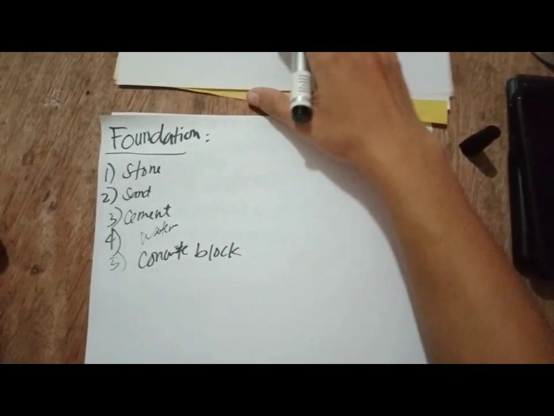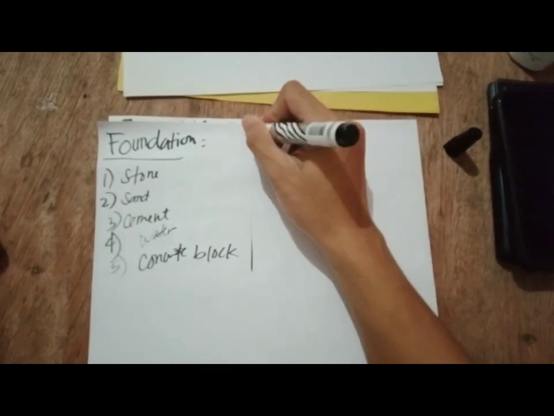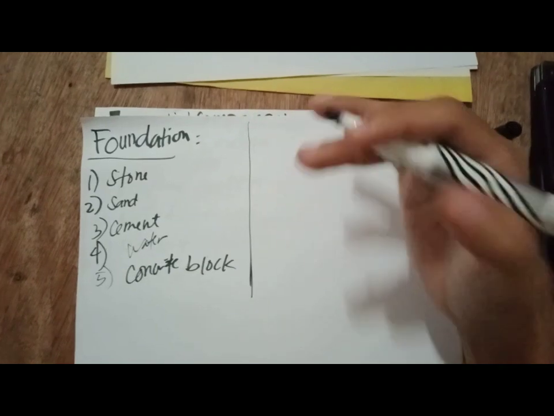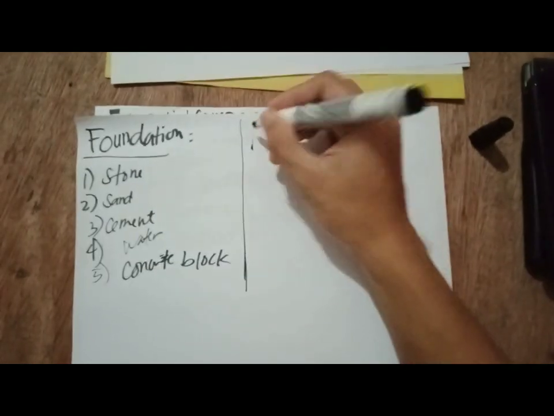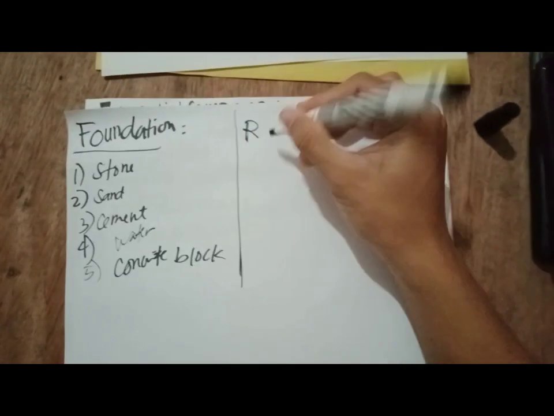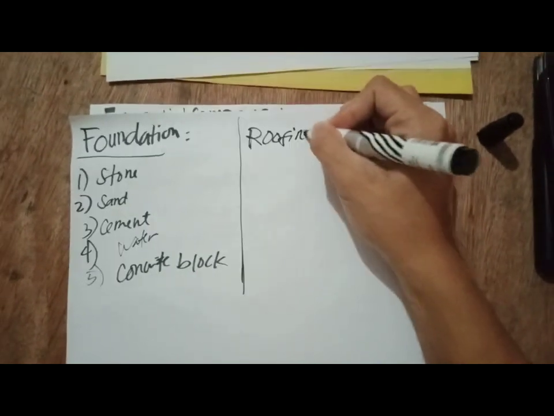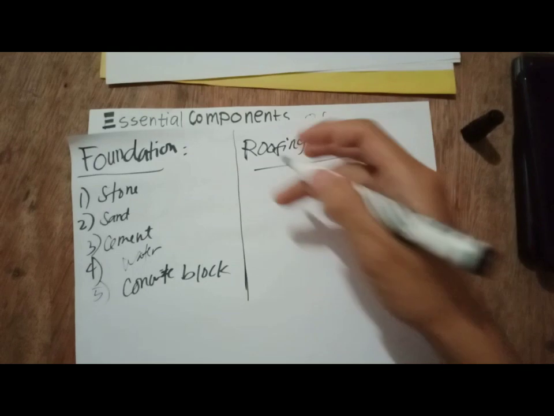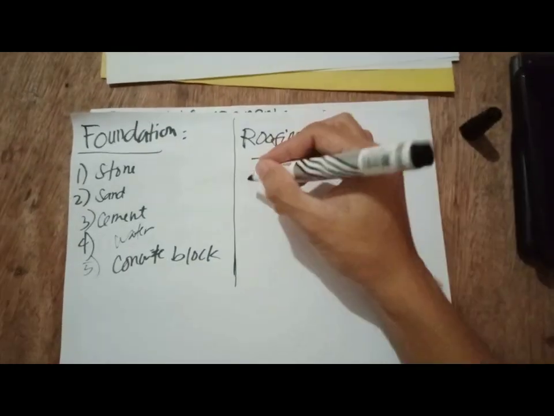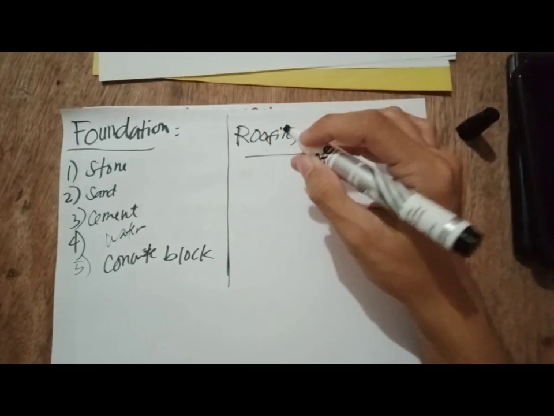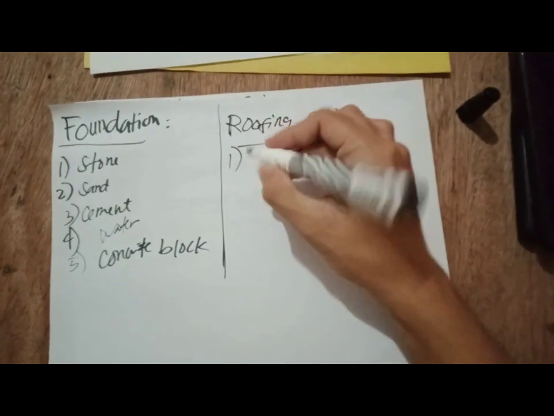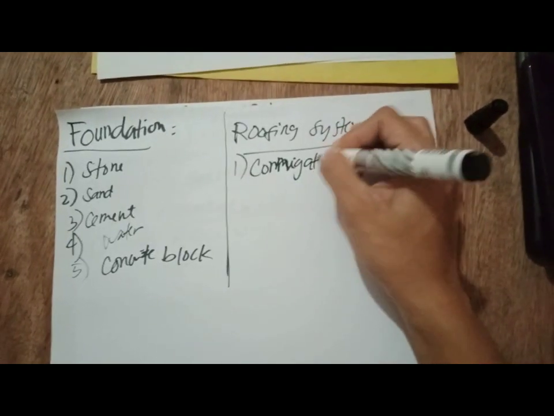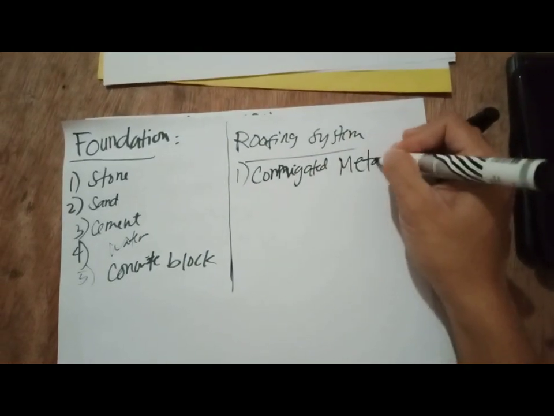We move to the next component of our building envelope, which is the roofing system. So the common materials used are the metal roofs, or to be specific, the corrugated metal.